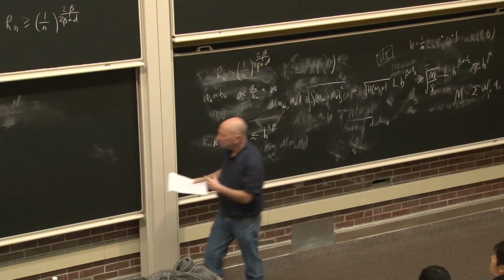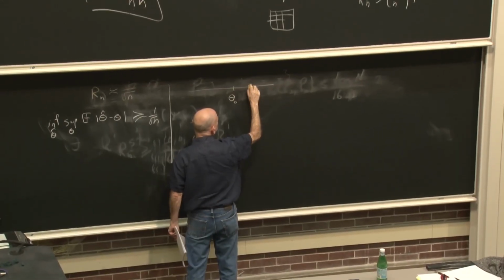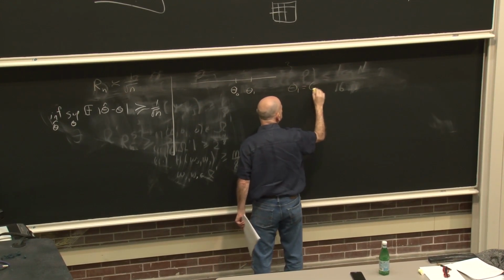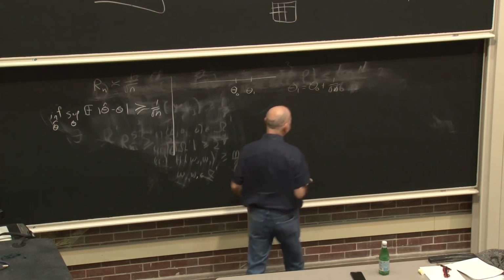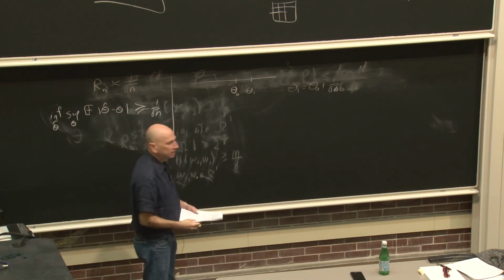But here's a quick rough derivation of why this is true. Let's just do it on the real line. So I'll pick a point theta 0, and another, theta 1. And I'm going to pick theta 1 to be equal to theta 0 plus 1 over root n. Now I'm going to use Le Cam's lemma.